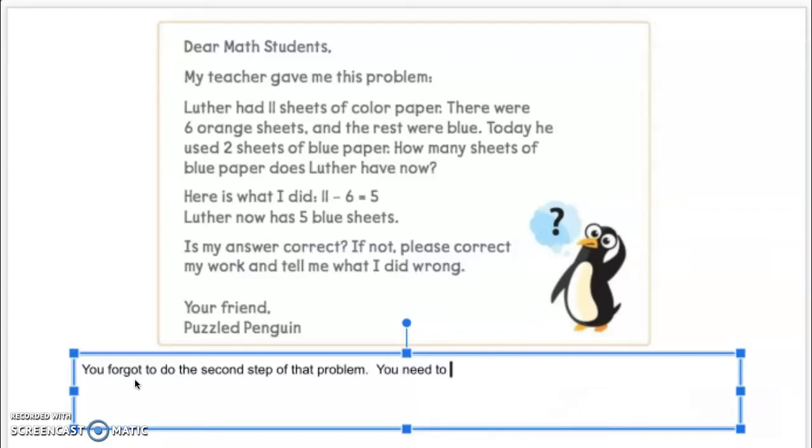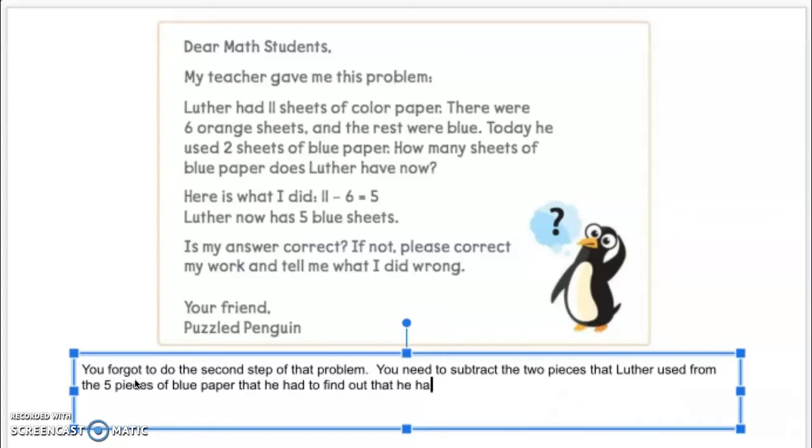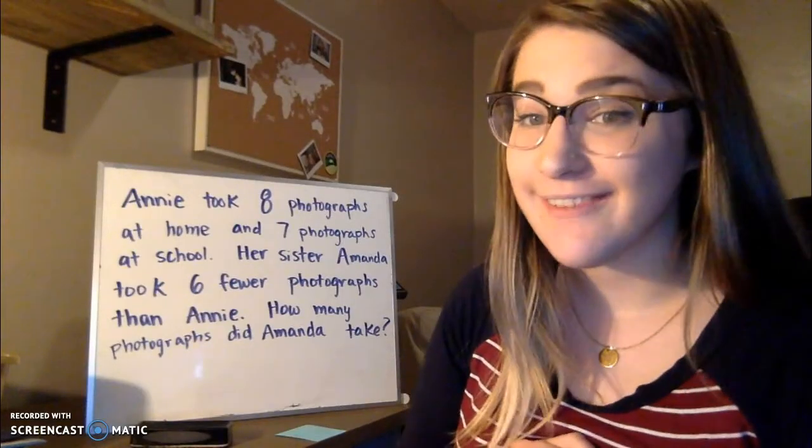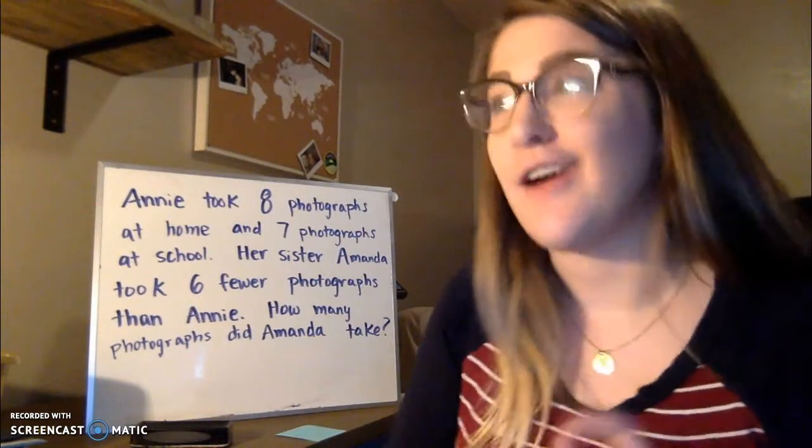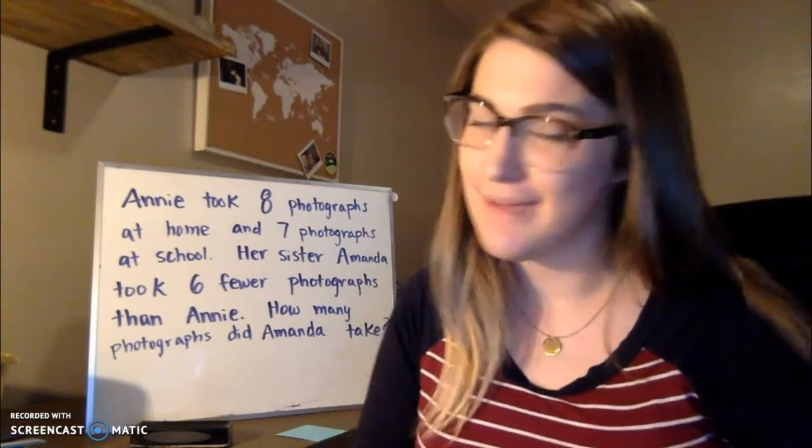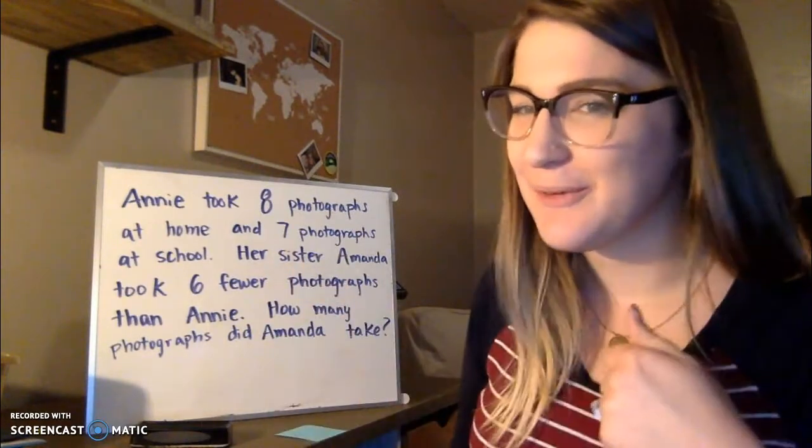You need to subtract the 2 pieces that Luther used from the 5 pieces of blue paper that he had to find out that he had 3 pieces of blue paper left." All right, now that we've helped our friend Puzzled Penguin, let's see if we can avoid some of the mistakes that he's already made with our own 2-step word problems.